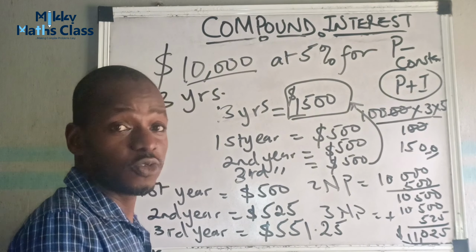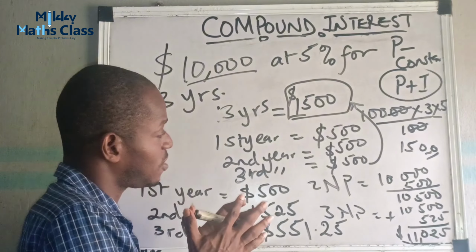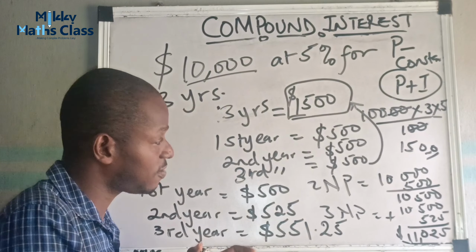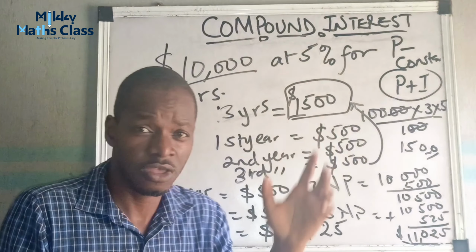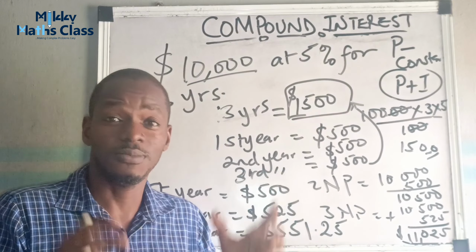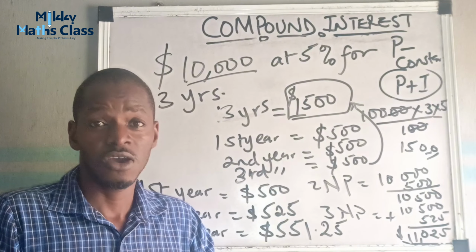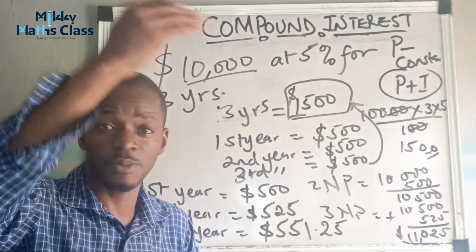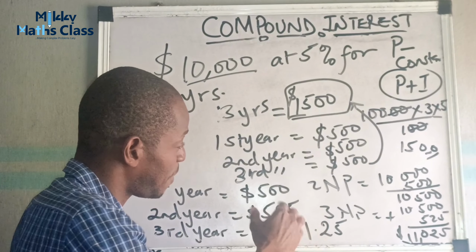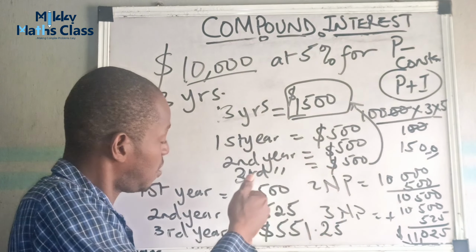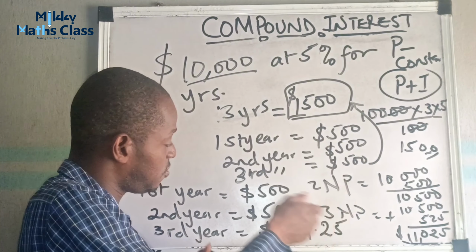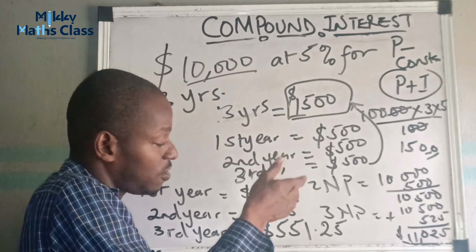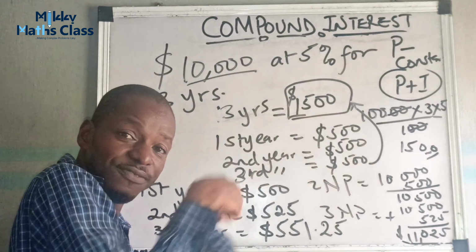So you see the difference between compound interest and simple interest. That's the first distinction. For you to understand compound interest, you must understand the distinction between compound interest and simple interest. With compound interest, the money grows exponentially. The new principal increases by the interest of the previous year.